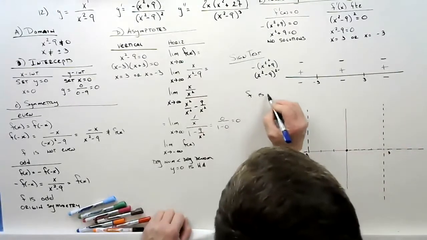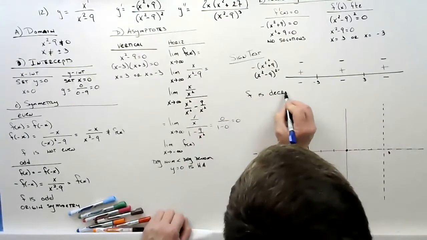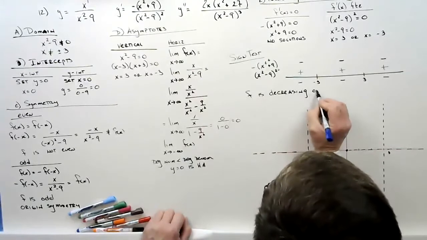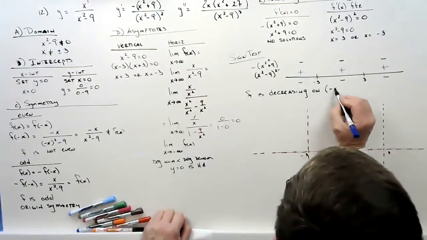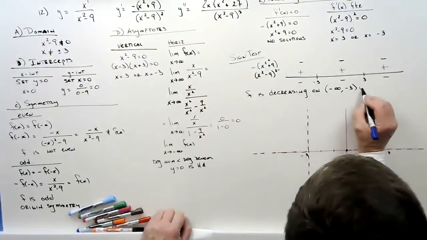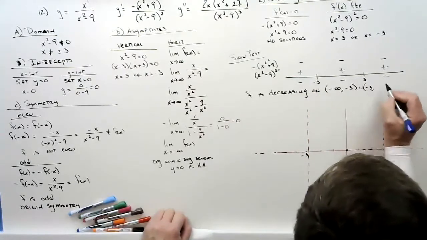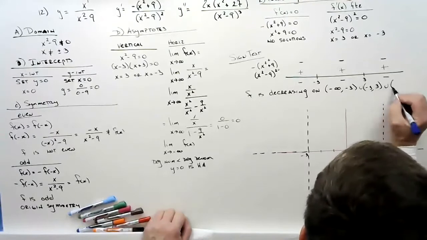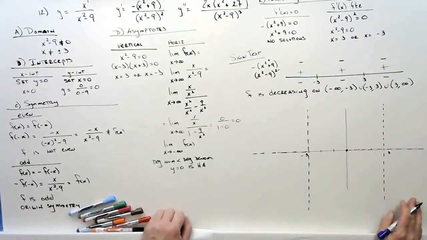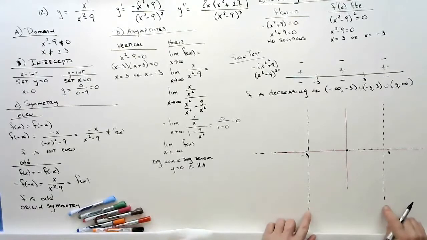So f is decreasing. Now we have to be careful how we write this. On negative infinity to negative 3, union negative 3 to 3, union 3 to infinity. We can't say it's decreasing everywhere. It's not decreasing at these asymptotes.